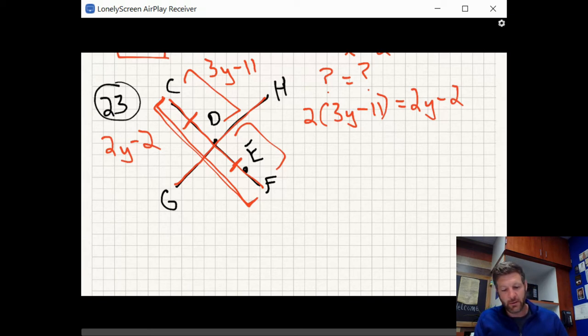There's my equation. If I double the half that I have, 3y minus 11, I'll be equal to the whole. Let's work our way through that.